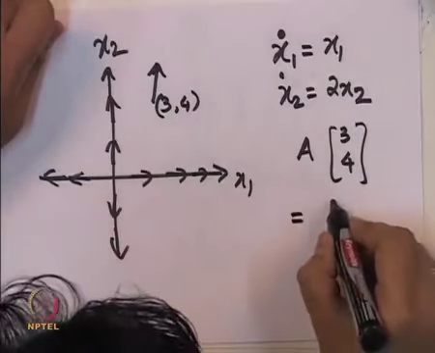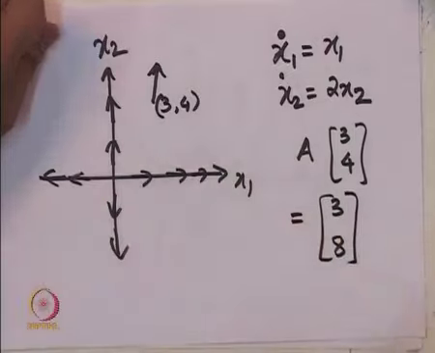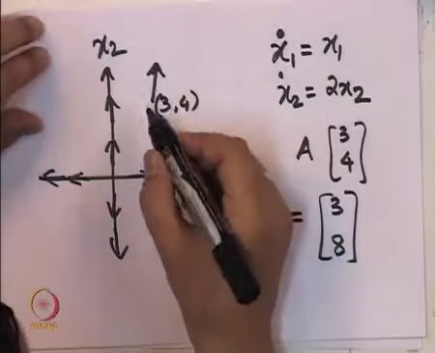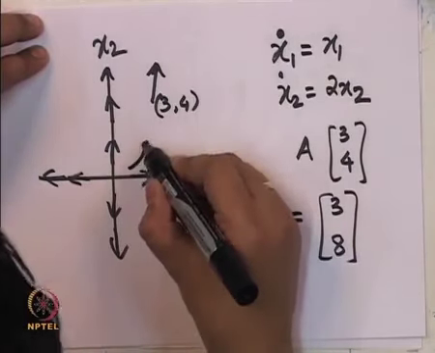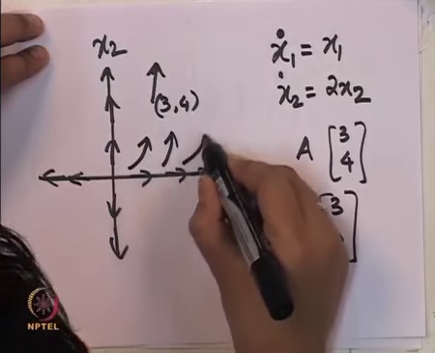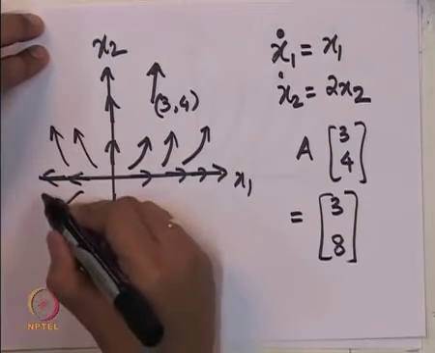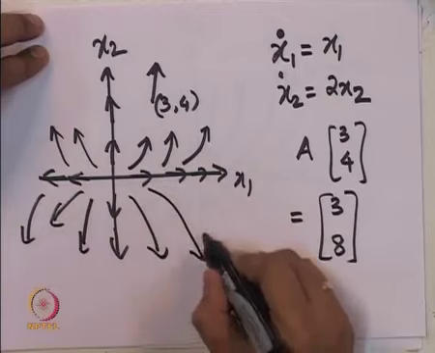So, this as we evaluated in the previous example is just 3, 8, negative of the previous situation. So, this is how we are able to draw all arrows, and then upon completing all these arrows into a solution, we see that this is how the trajectories look.